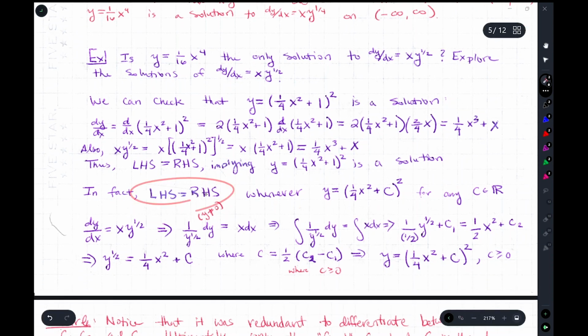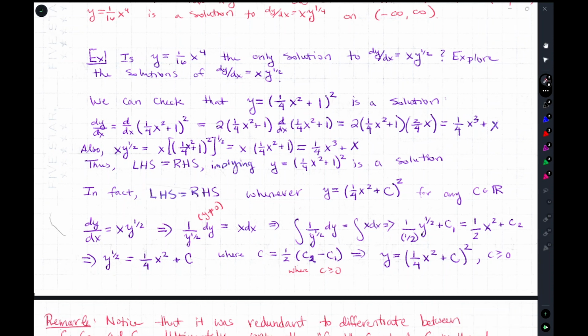In fact, the left-hand side equals the right-hand side whenever y is equal to this expression here for any c in the real line. So we had c equals 1 up there, but we could have c equals pi, or c equals 27, or c equals e, the transcendental number. Okay. And here, I actually give you a preview of one way to solve differential equations, which is called separation of variables, which we'll talk about, separable equations.